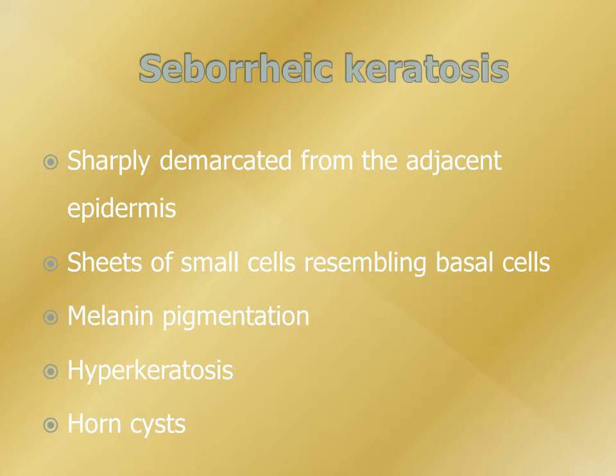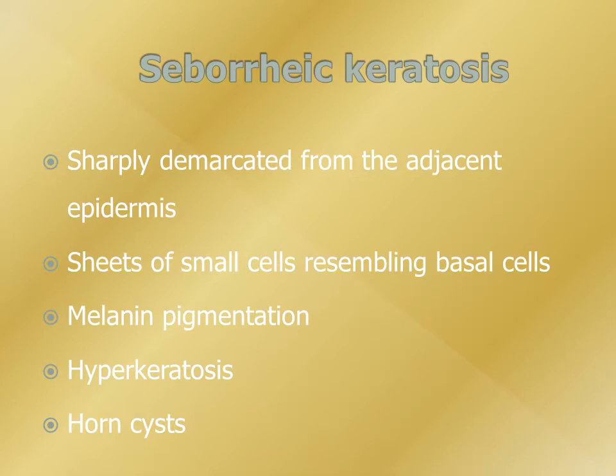If we talk about the microscopy of seborrheic keratosis, they are sharply demarcated, exophytic lesions, and microscopically they consist of sheets of small cells which resemble the basal cells of the normal epidermis.